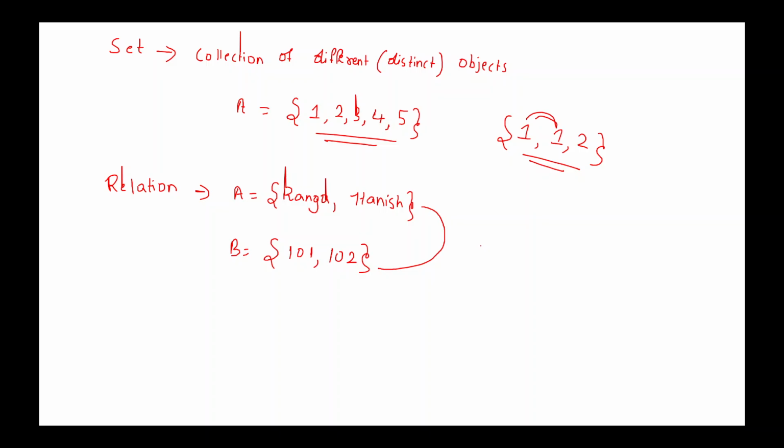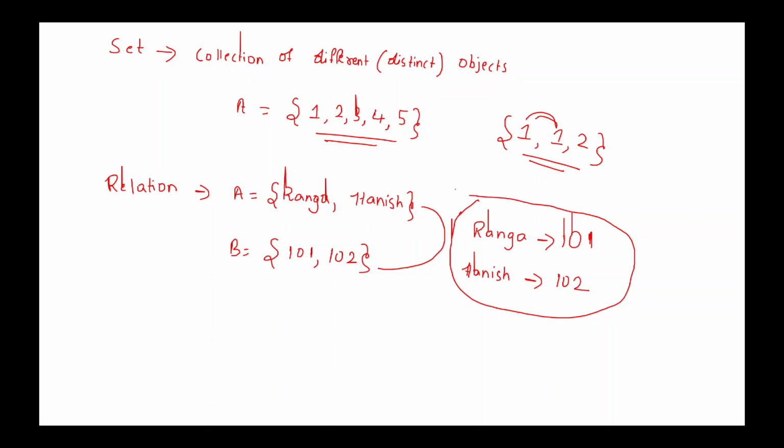Ranga has roll number 101 and Anish has roll number 102. So in this way, both are connected, right?